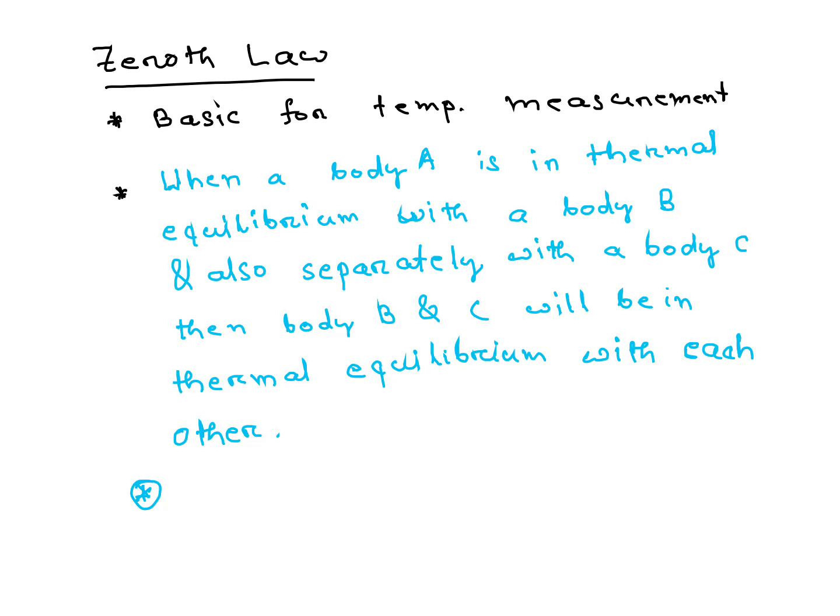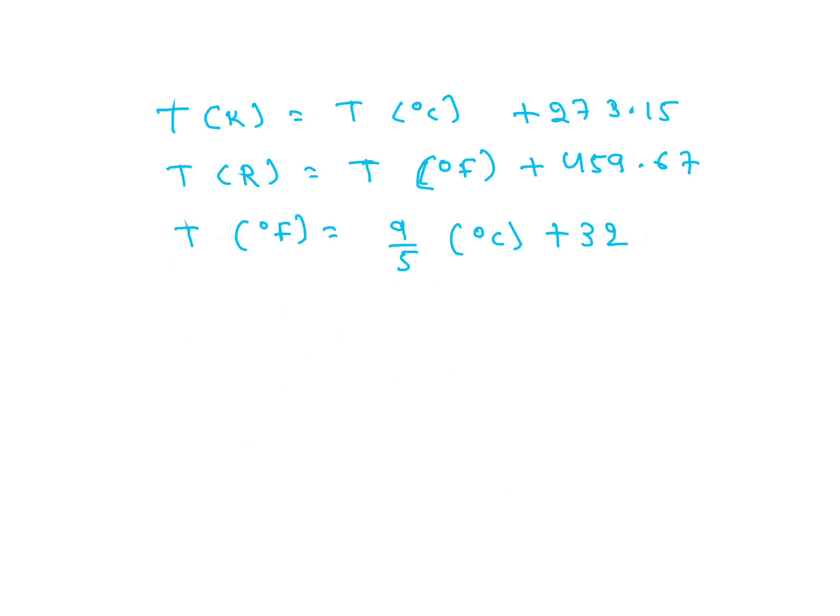And the relationship between the temperature and pressure of gas can be expressed as, this expression is very important in solving the problems. T equal to A plus B into P. Here A and B are constants. Temperature in Kelvin, T in Kelvin equal to T in degree Celsius plus 273.15.